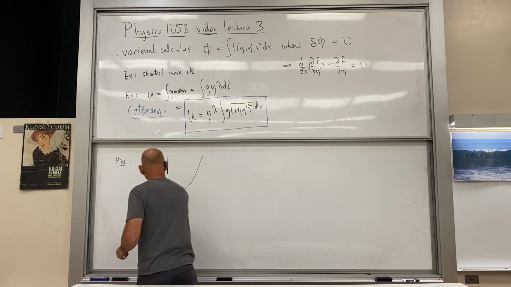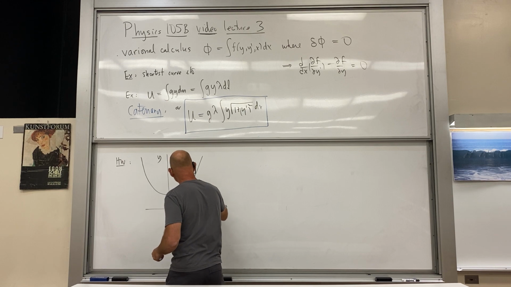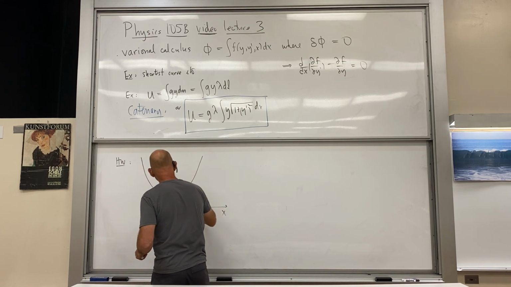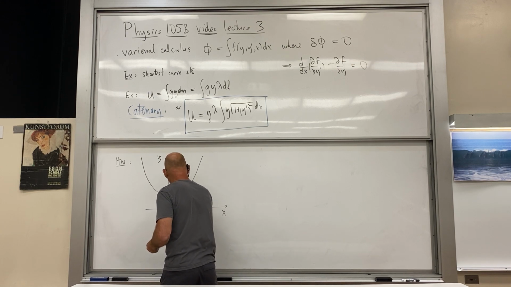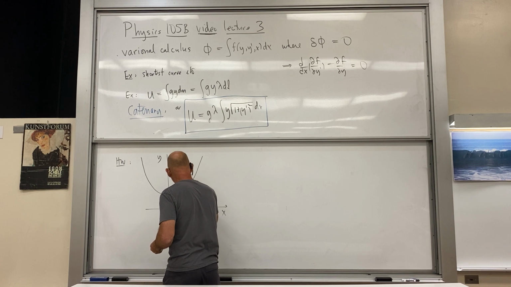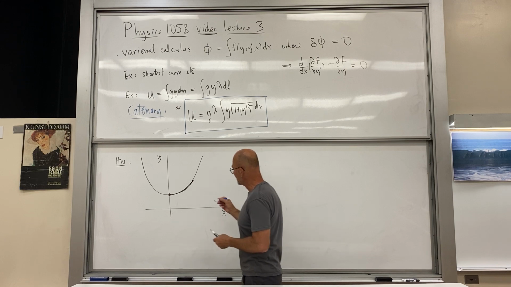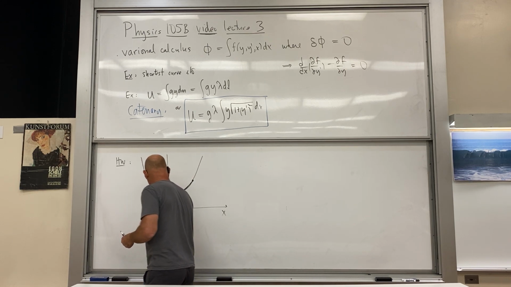What we do is we go into a coordinate system here, x and y. And we start here at the origin, and we have our cable, chain, rope, what have you, going up to this point here, and then we have a tension there.